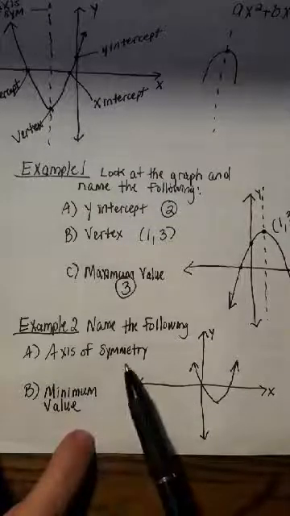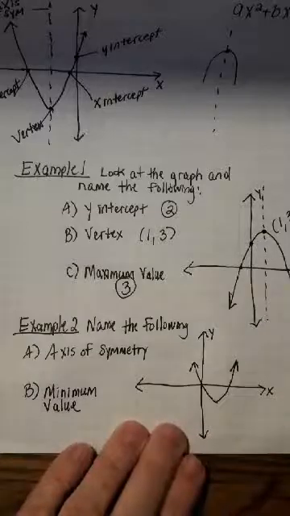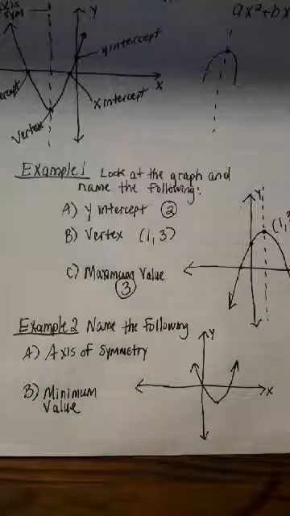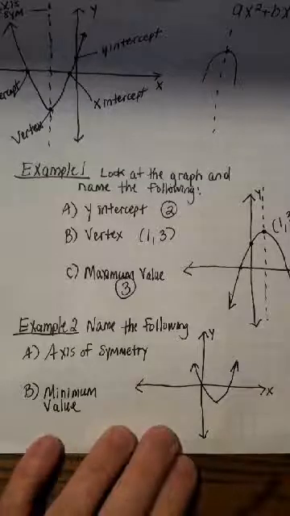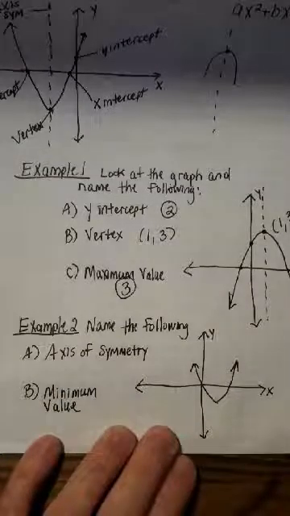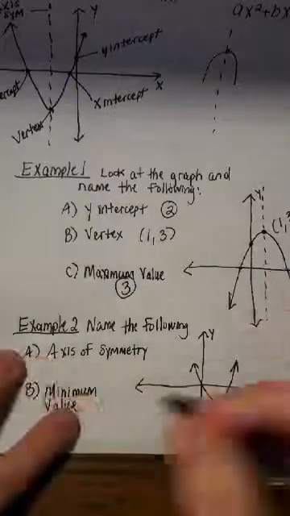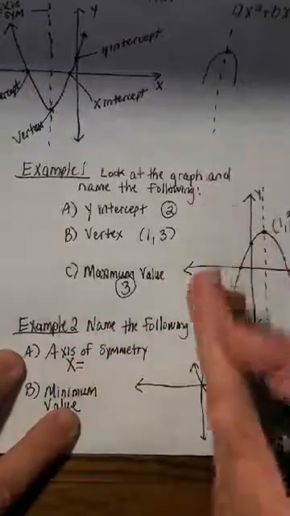Axis of symmetry. All right, so your axis of symmetry, I didn't draw the dotted line because they won't have the dotted line drawn on the IXL lesson. So I wanted you to make sure that you can see it. And when it says name the axis of symmetry, you have to name it as an equation. The equation is always going to be x equals, because it's a vertical line.